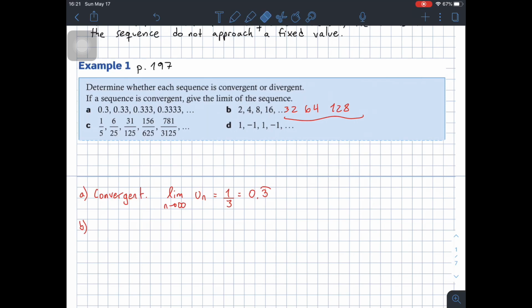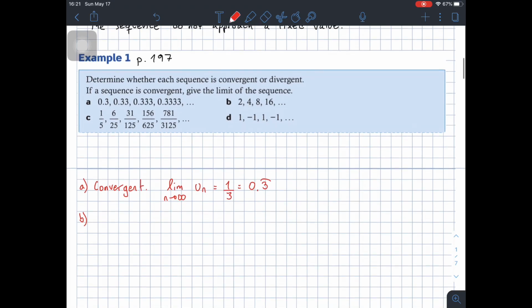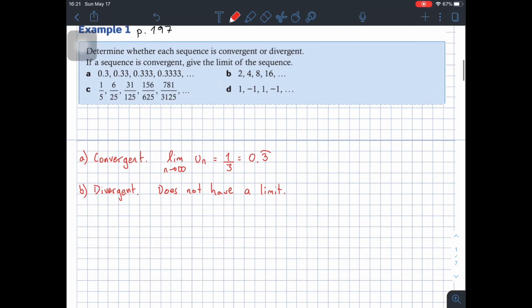So in this case, we're talking about a divergent sequence, right? So I'm going to write divergent. And since it is a divergent sequence, it does not have a limit, right? And that's it for part B.